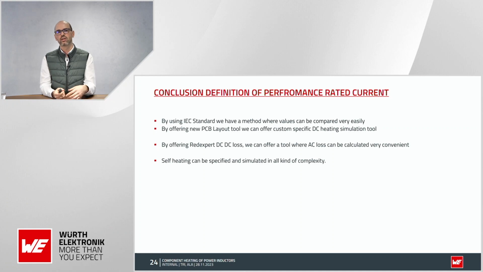So this means we can describe the self-heating in all of its complexity. So we can provide a service from the start when a new application is being designed, up to a statement of how the heating will be in the final application.